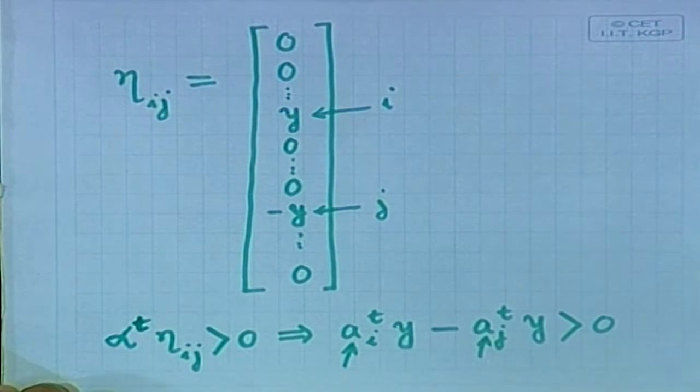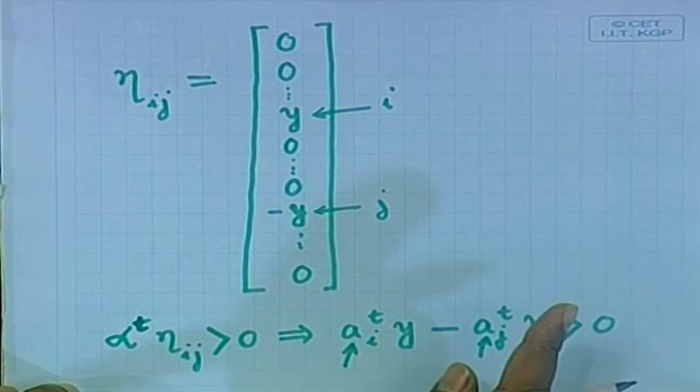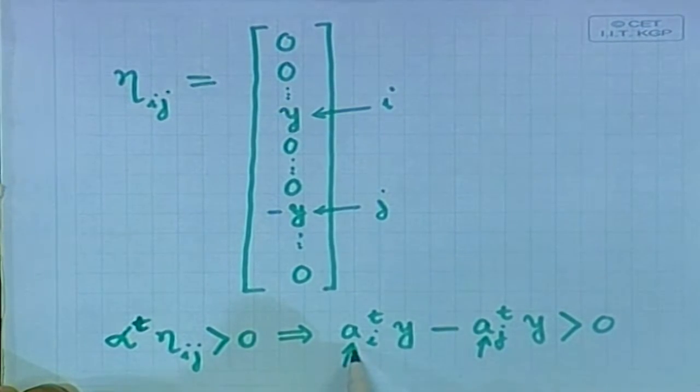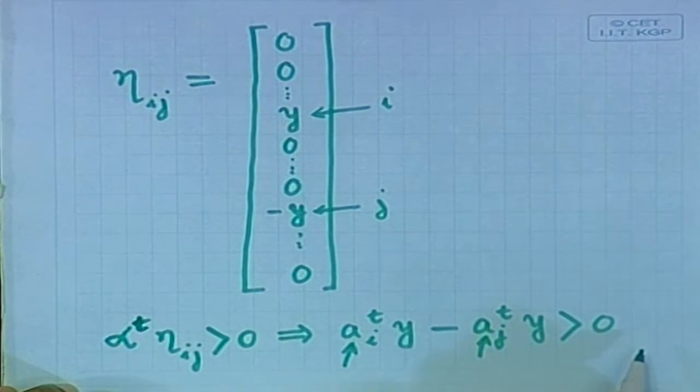For proper classification of any sample y, I must have alpha transpose eta ij greater than 0, that means ai transpose y minus aj transpose y must be greater than 0. So, if I find that this condition is not satisfied for any sample y, then I have to modify two weight vectors. Not only ai, I also have to modify aj.